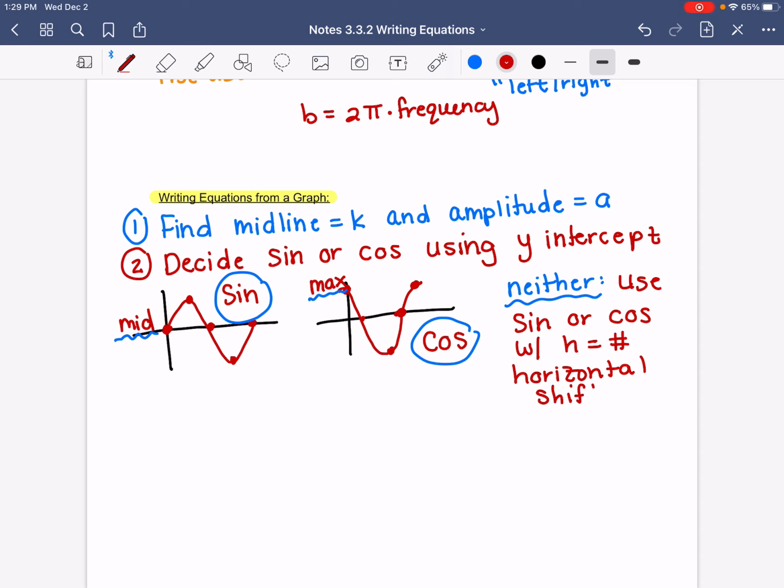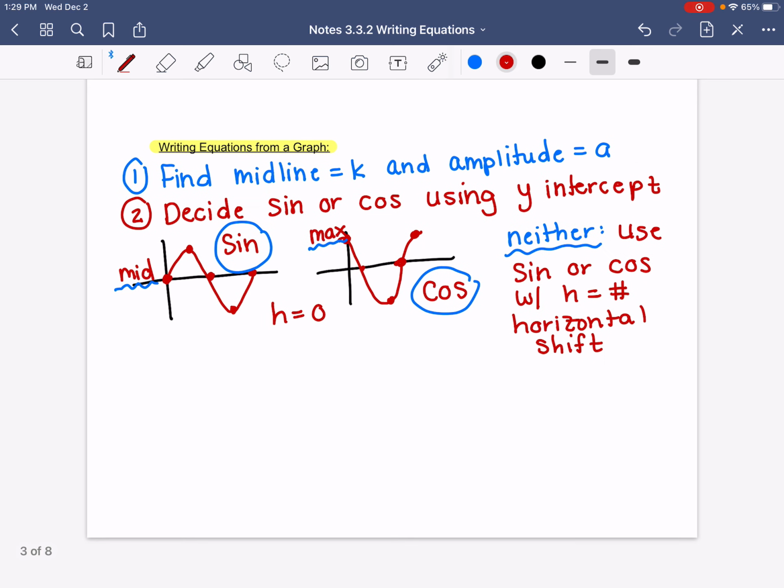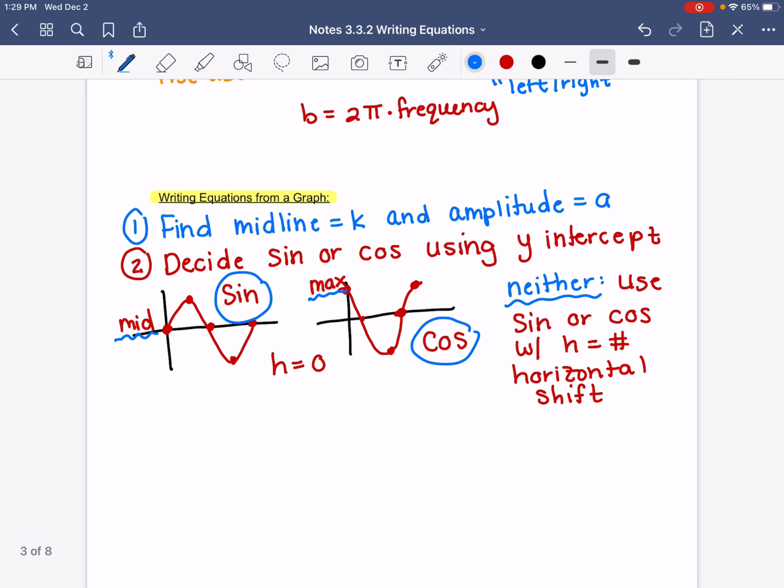If your y-intercept is at a midline or a maximum, you're not going to have a horizontal shift. But if it's at neither, you're going to have a horizontal shift.